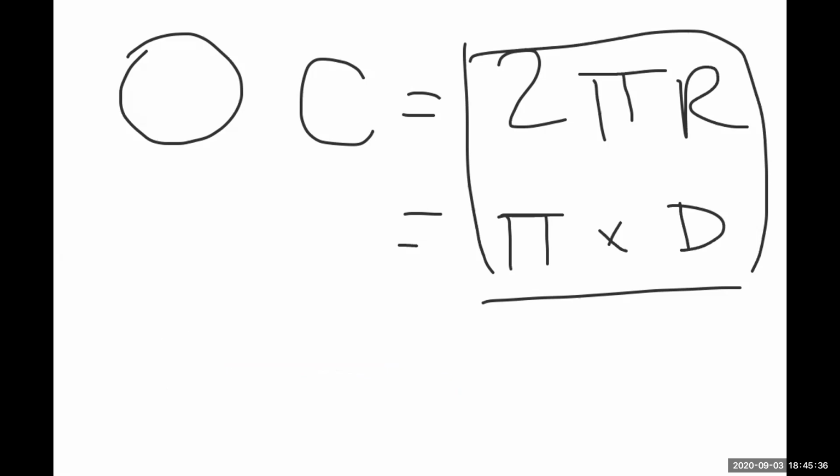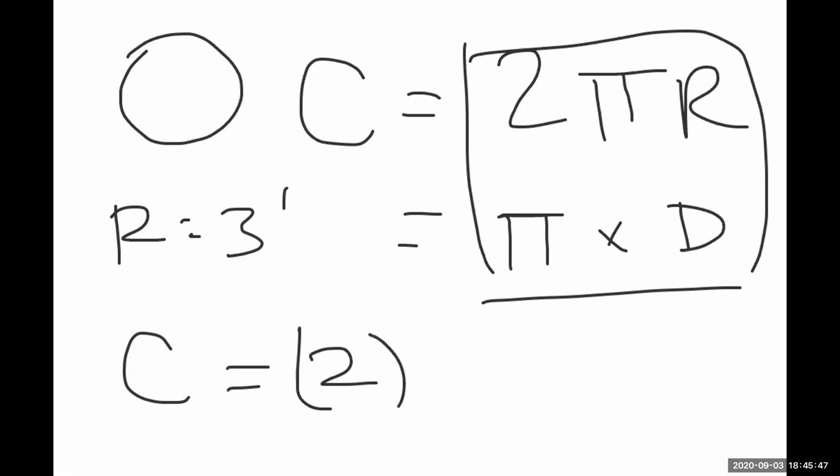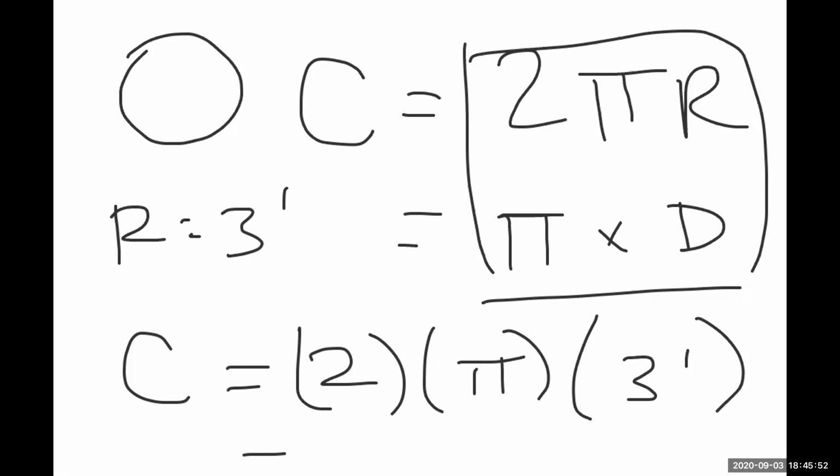So if I said, what is the circumference of the circle, if, again, the radius is 3, I would take 2 times pi times 3 feet. Always remember your units. So I have 6, 3 times 2 is 6, 6 times pi, and that's 18.8496 feet.